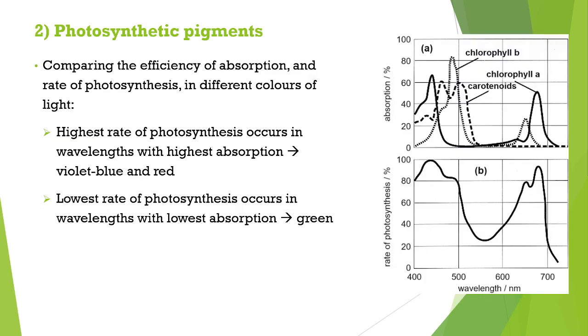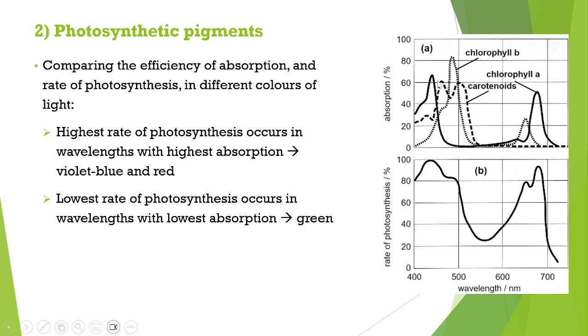So again, a bit more on the photosynthetic pigments. You see here two graphs. The graph on top shows the efficiency of absorption of different wavelengths or colors of light by the different photosynthetic pigments. We have two types of chlorophyll, and carotenoids in general. These carotenoids are actually like an average of many different types of carotenoids.